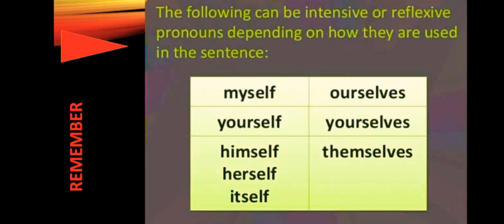It's their usage that we need to understand, how they are used within a sentence, how they are used within any academic piece. The following are the intensive, emphatic or reflexive pronouns depending on how they are used within a sentence. So myself, yourself, himself, herself, itself are the singular forms, and ourselves, yourselves, themselves are the plural forms.